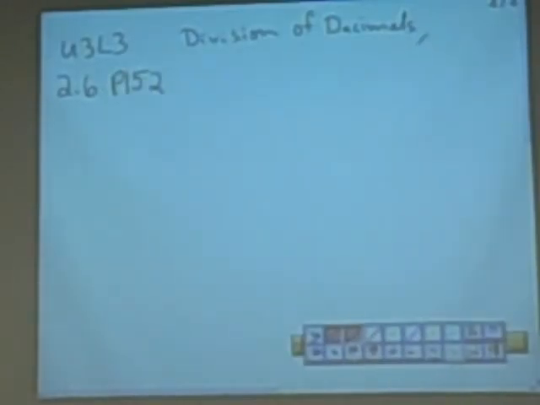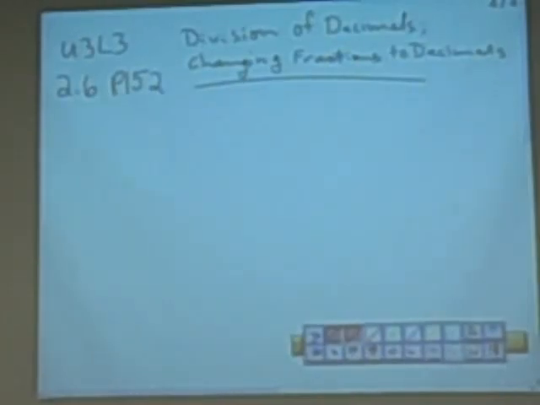And we're changing fractions to decimals. Okay?